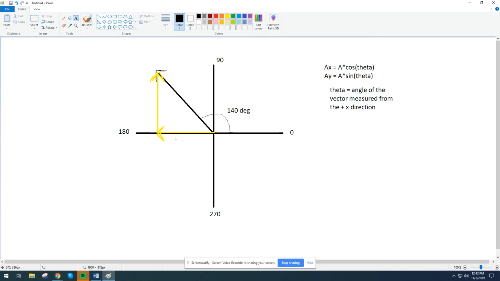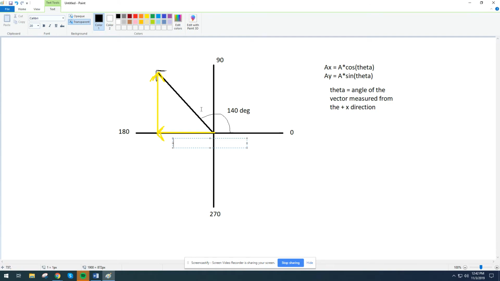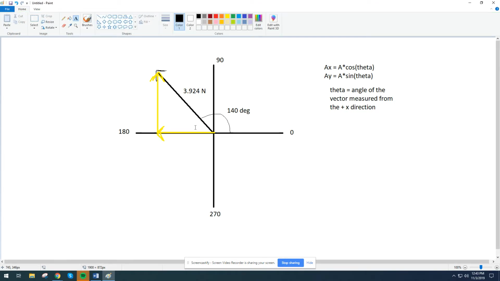So if we want to figure out how much of this, and this we calculated earlier, was a force of 3.924 newtons, right? This diagonal is 3.924. If we want to figure out how much of this is horizontal, we can use this a sub x equation.